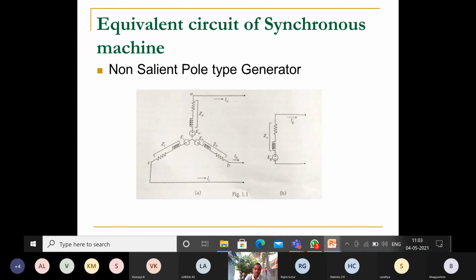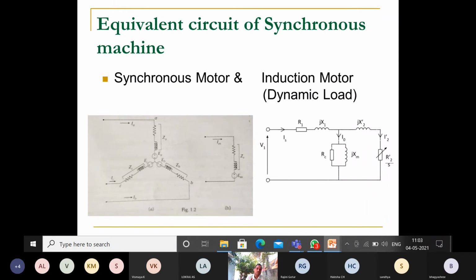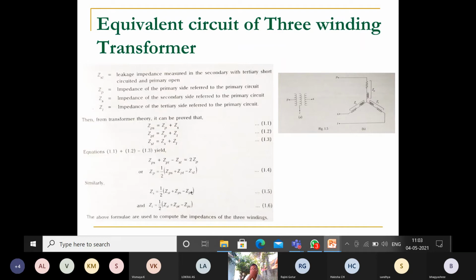So non-salient pole type, this is the generator, and synchronous motor, and equivalent circuit of dynamic load and also static load, equivalent circuit of two winding transformer, and this is the derivation for the per unit impedance.